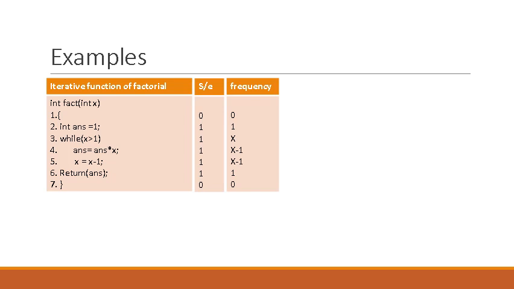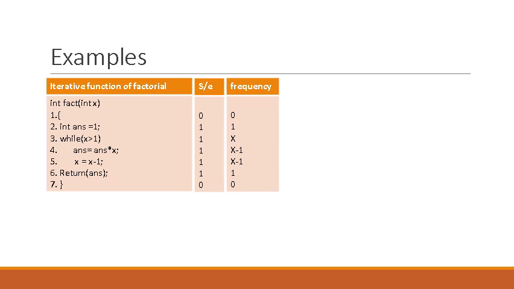Then the while condition is going to execute x number of times when I am passing x. Check it. Suppose I am passing 5 to the function. First while checking, 5 is greater than 1, then 4 is greater than 1, 3 is greater than 1, 2 is greater than 1, and 1 is greater than 1.